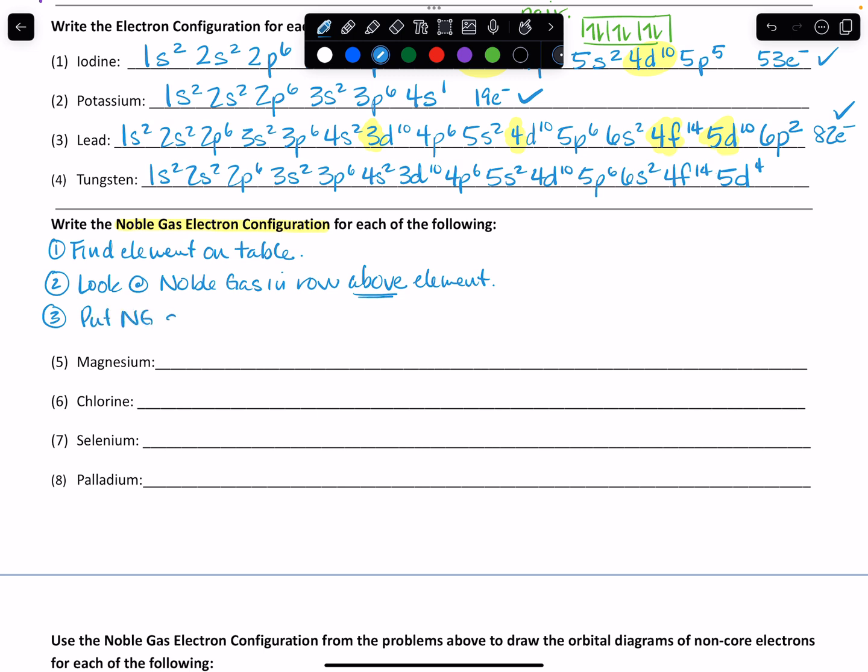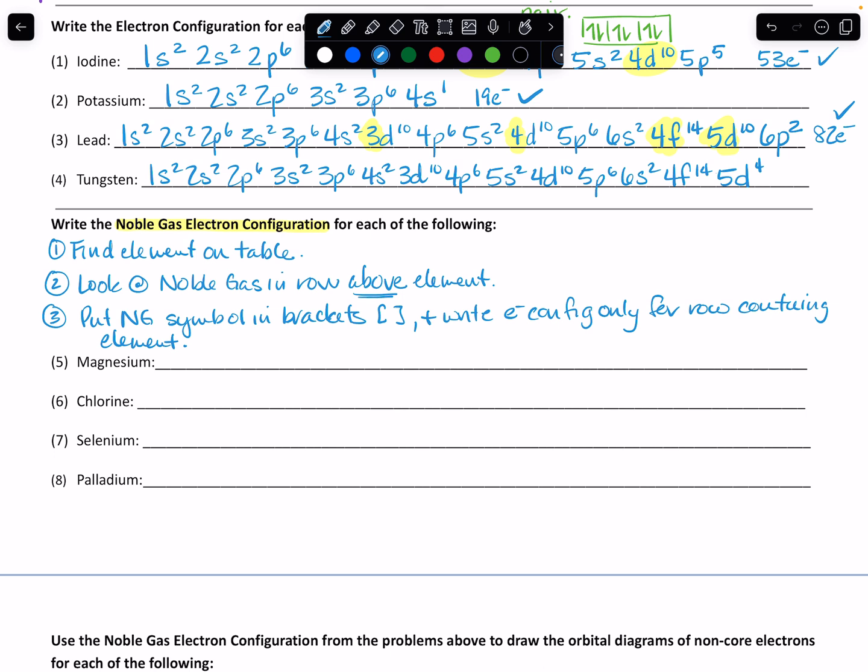You're going to put the noble gas symbol in brackets and write the electron configuration only for the row containing your element. This is going to basically take out all of the core electrons and only leave the electrons in the row that the element resides in.